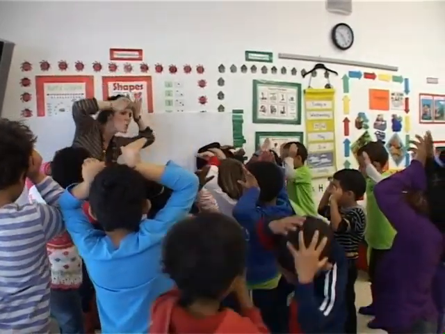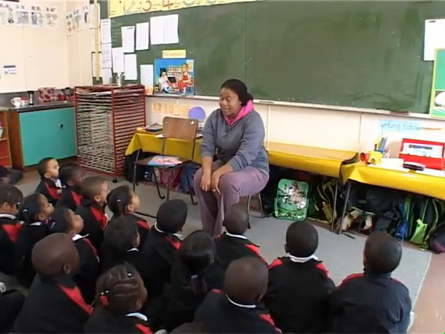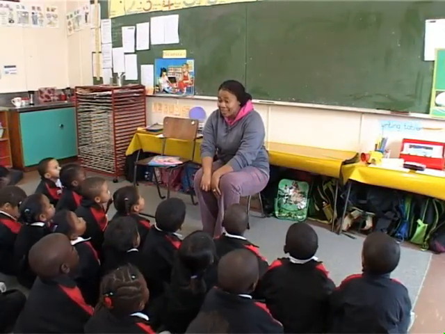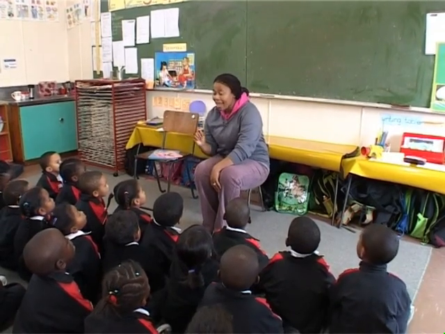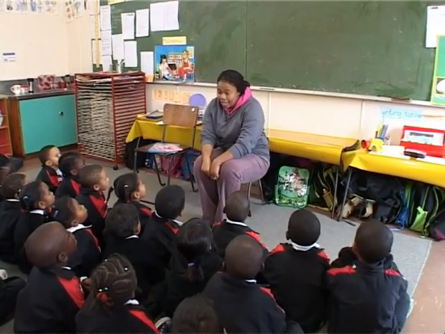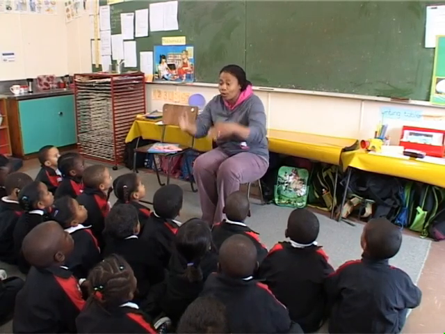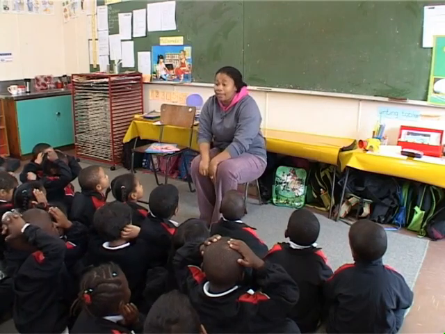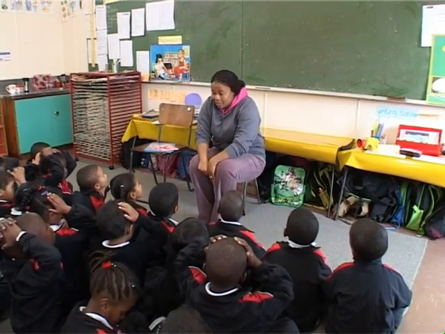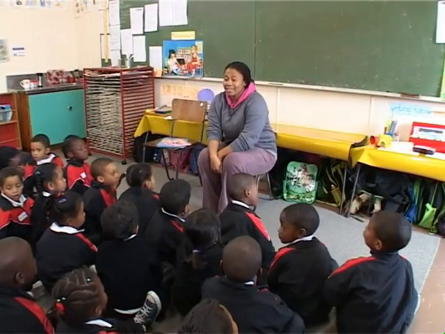Horns. So for me, I want you to listen. I'm going to play some sounds, and it's animal sounds, and I want you to listen to what sound it makes. And once you've identified the sound, I want you to put your hands on your head. And once your hands are on your head, I will know you know the sound, and then I will ask you which sound it is. Let's listen to the second sound.